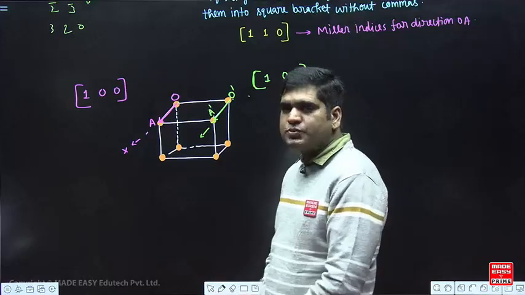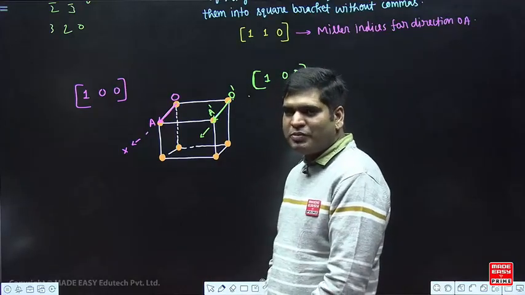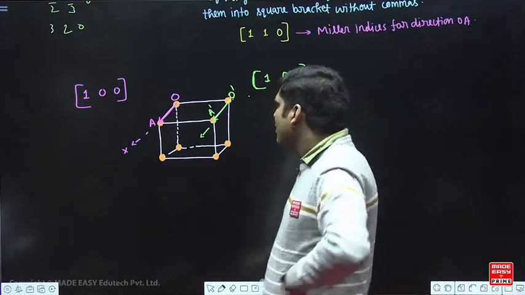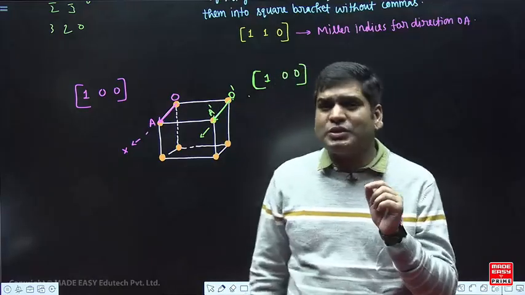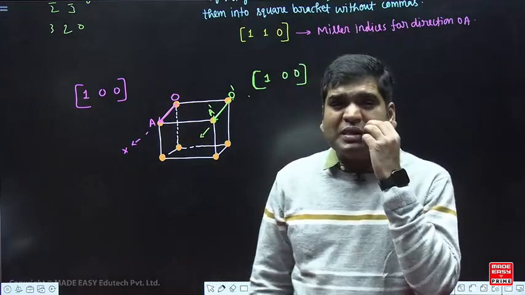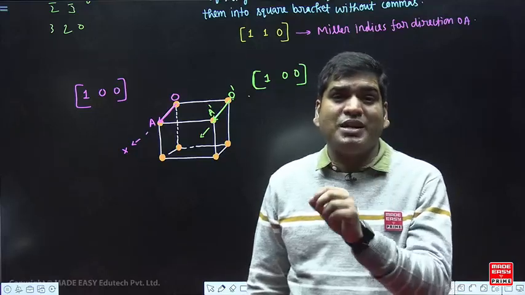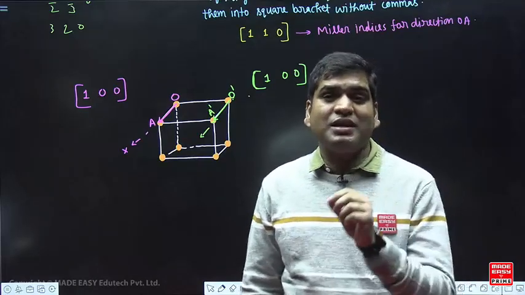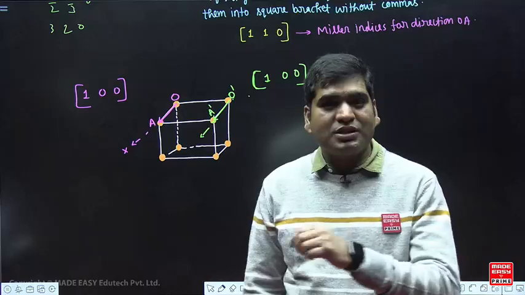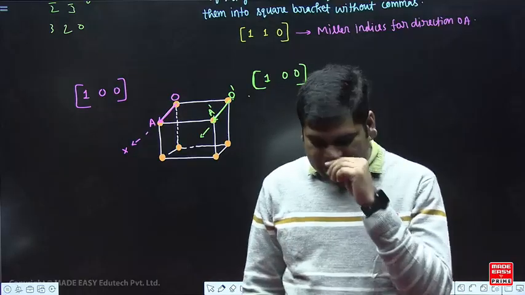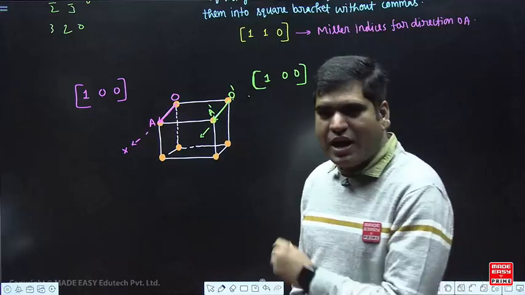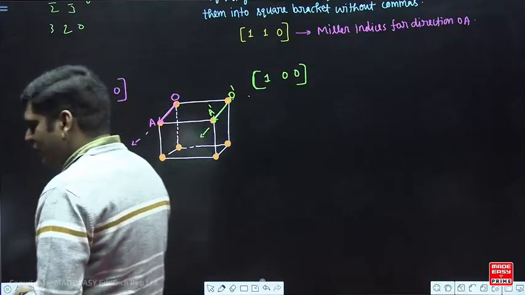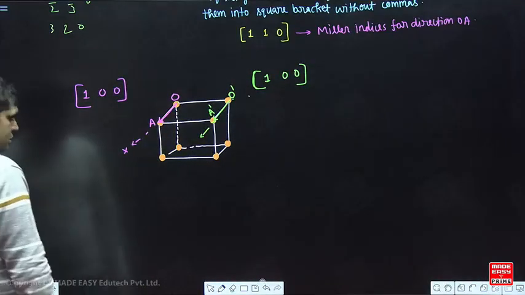In both cases, we are getting the same value for Miller indices. Both of these lines are parallel to each other. Hence, we can conclude that parallel lines have the same Miller indices in the crystal. This I wanted to tell you with this example. All the parallel lines will have the same value of Miller indices, as here OA and O dash A dash both have 1 0 0.